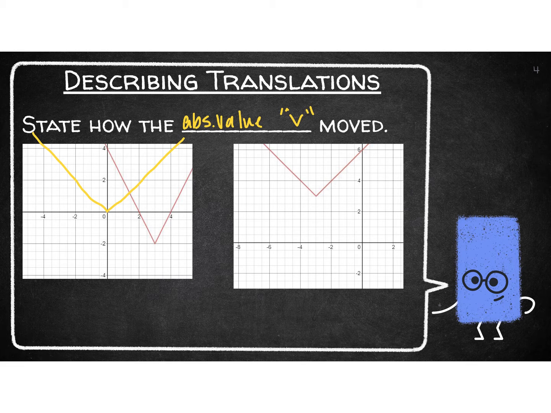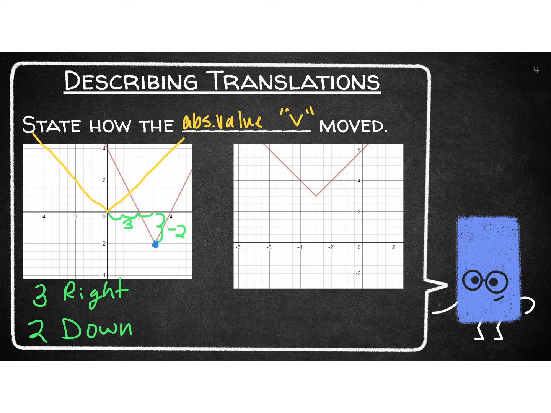Well, it looks to me like it goes 1, 2, 3 to the right, and 1, 2 down. So we literally say 3 right and 2 down.